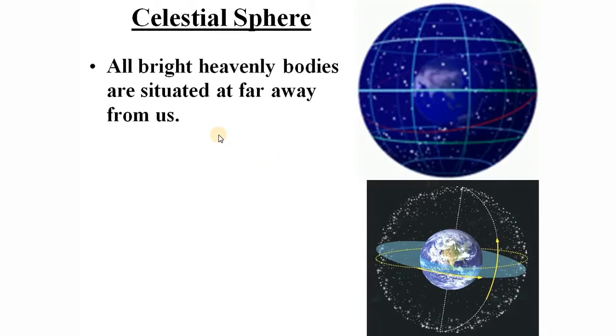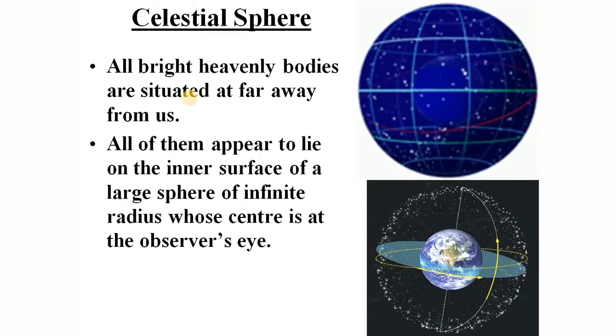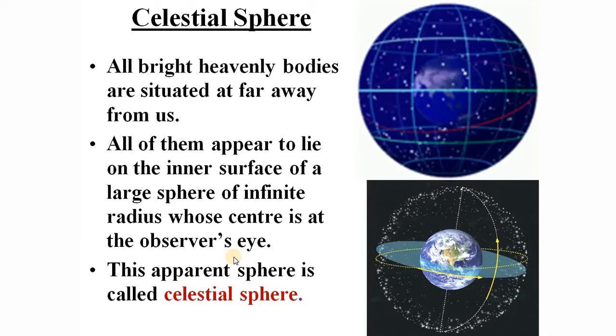All bright heavenly bodies are far away from us, and all such objects appear to lie on the surface of a large sphere of infinite radius, whose center is at the observer's eye. Every object seems to be on the surface. That apparent or imaginary sphere is called the celestial sphere.